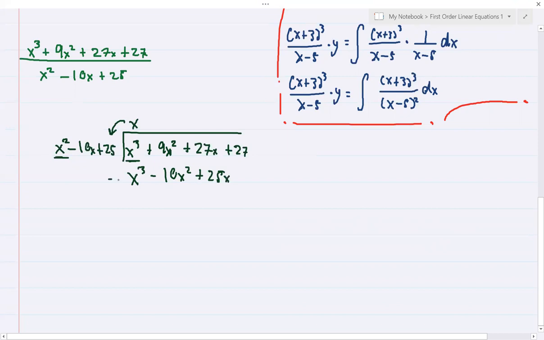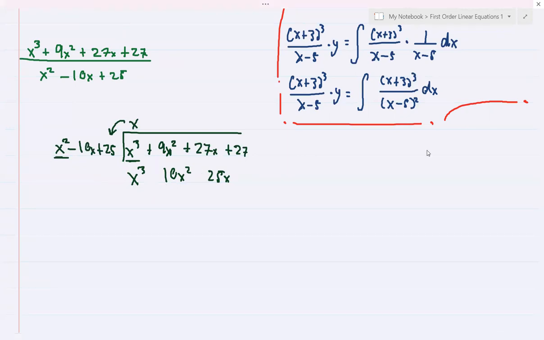And you're going to subtract them both. So if there is a subtract sign before your next polynomial, you're going to distribute it here. Distribute the negative sign to each of the terms in this polynomial. So hence, you will have negative x cubed plus 10x squared minus 25x.